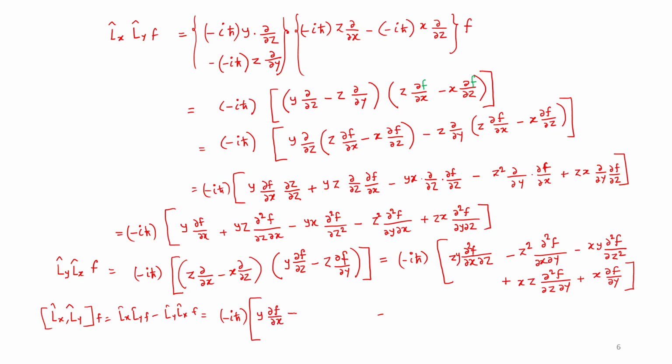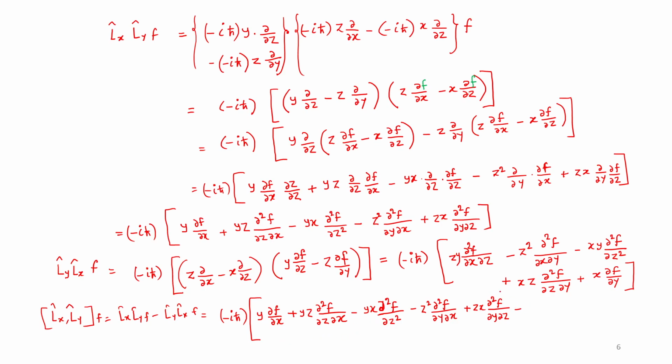I'll just write down these terms again. yz ∂²f/∂z∂x minus yx ∂²f/∂z² minus z² ∂²f/∂y∂x plus zx ∂²f/∂y∂z. So this is done. Now I have to take this part, but it's minus.